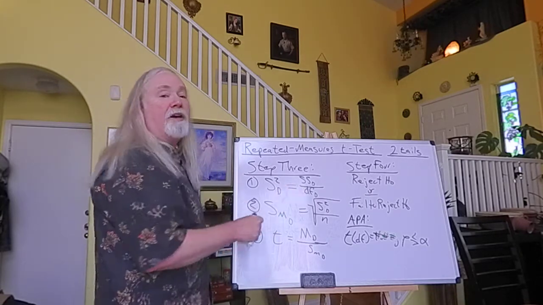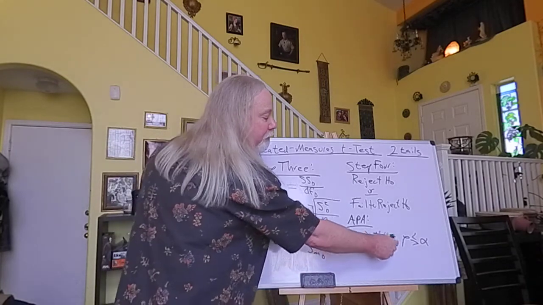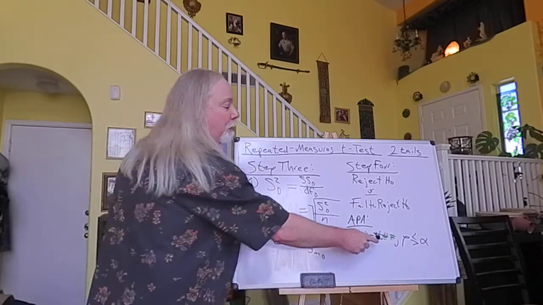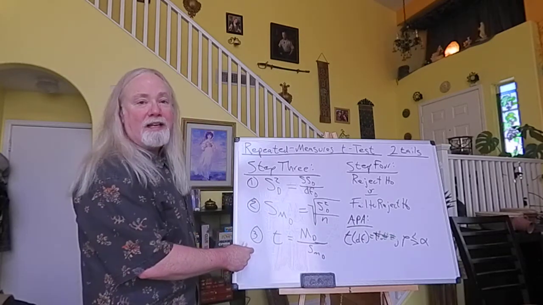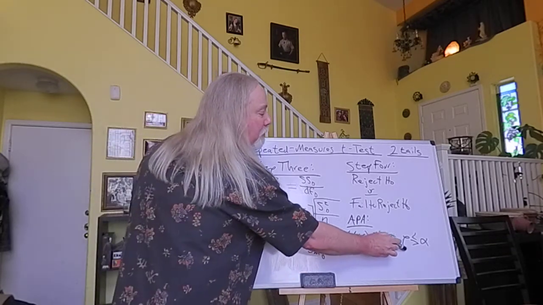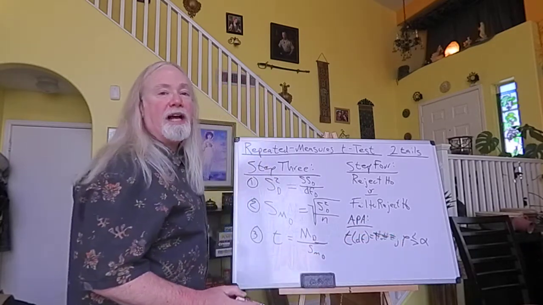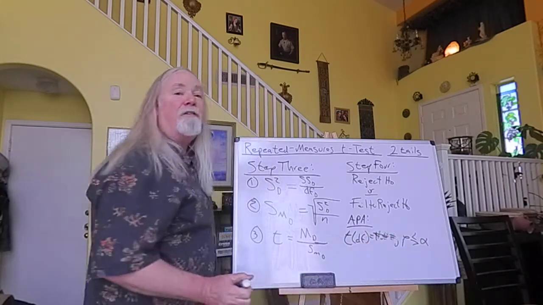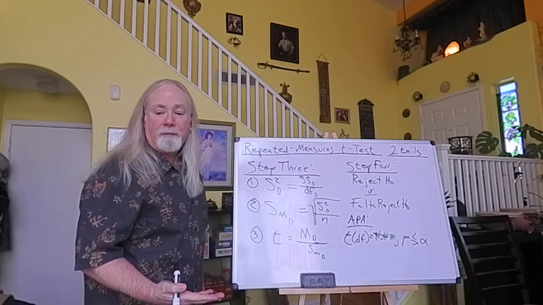Same value that would be there, same value from step 2. A t of degrees of freedom equals whatever you computed. Again, this is your obtained t statistic, the one that you calculated, not the one you looked up. Semicolon, p less than if you rejected, greater than if you failed to reject, and then finish it up with the alpha level, 0.05 or 0.01, whichever level you were running the test at.